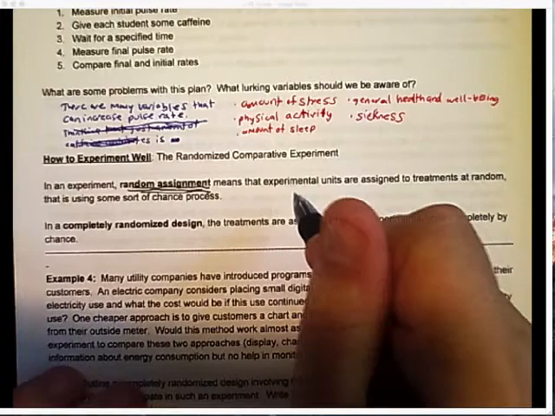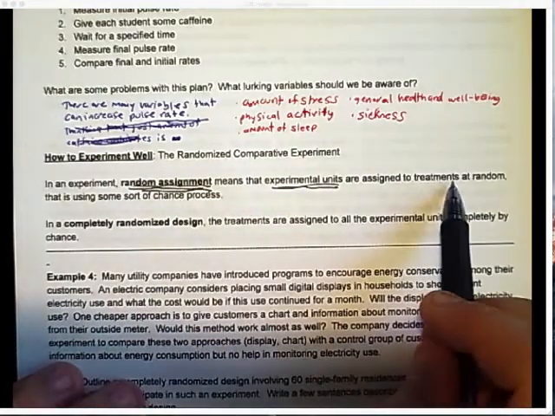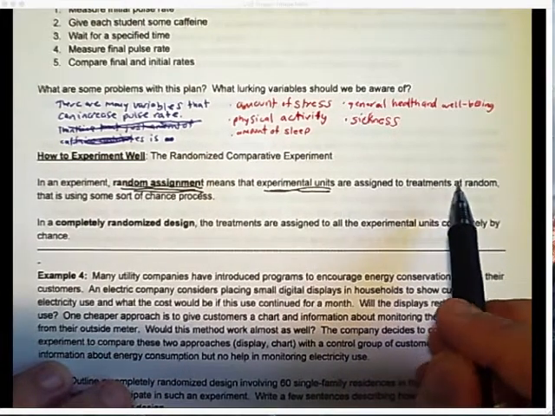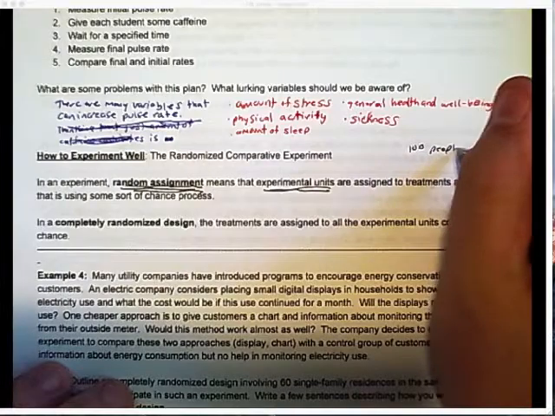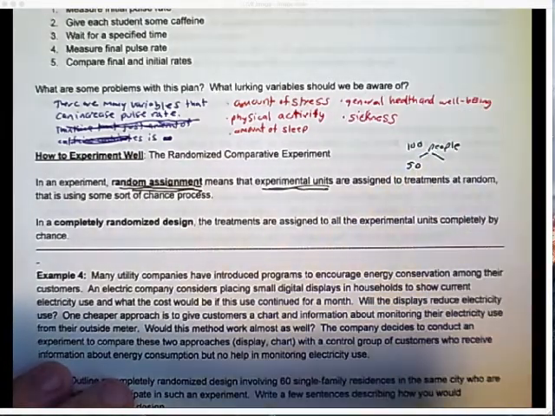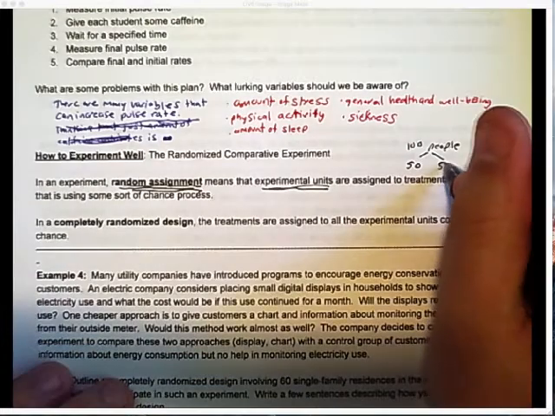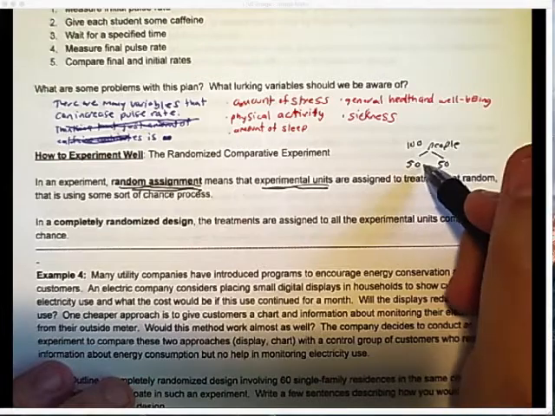That means that experimental units, or people in most cases, are assigned to treatments at random. So let's say that you have like 100 people, for instance. At random, you need to put 50 into your experimental group, and you need to put 50 into your control group. But you have to pick these people at random.